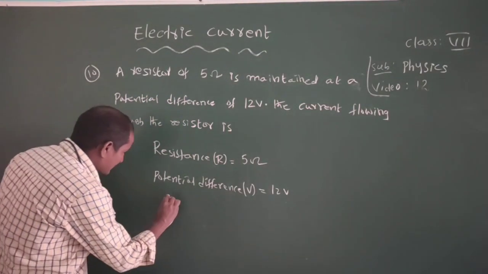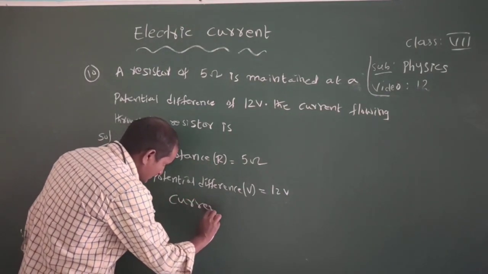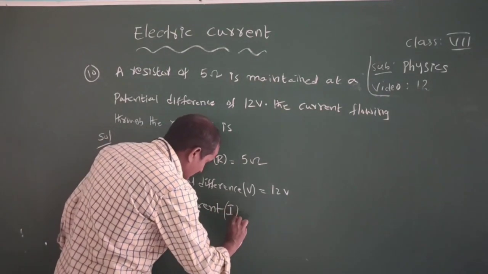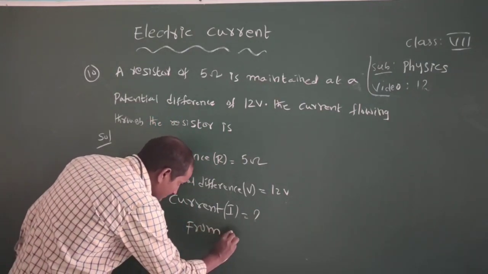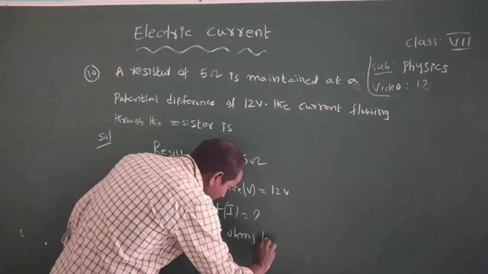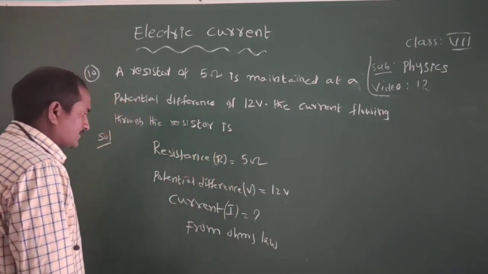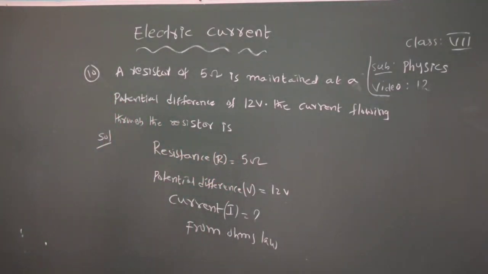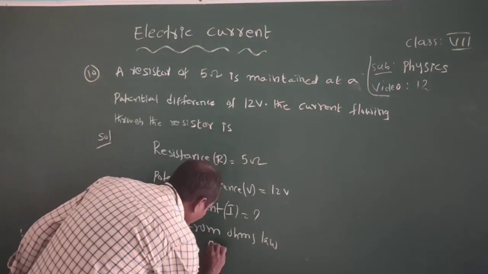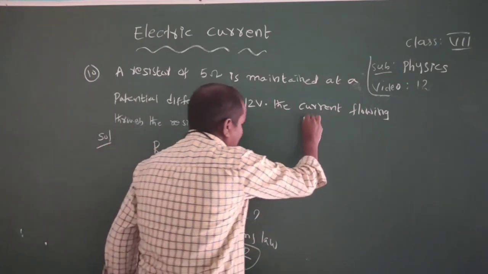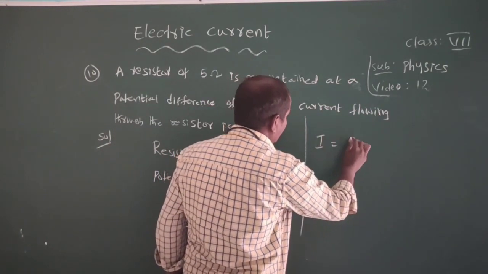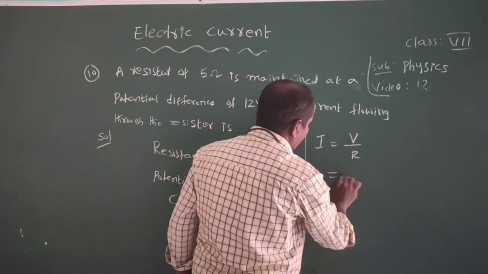Then find current I from Ohm's law. V equal to IR, I equal to V by R.